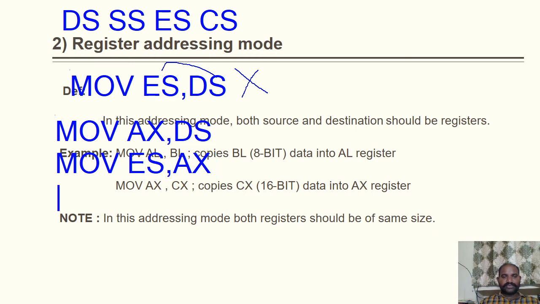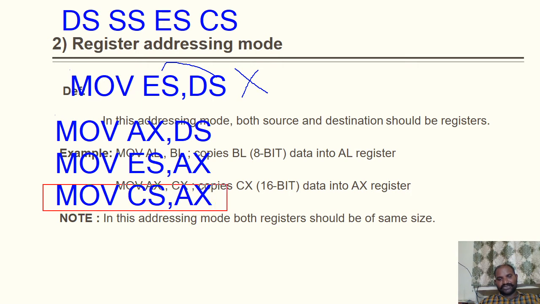And one more thing: the CS register should not be the destination. If I write MOV CS, AX, you might think we are copying the AX content into the code segment register, but this is not possible. The code segment register should not be the destination.